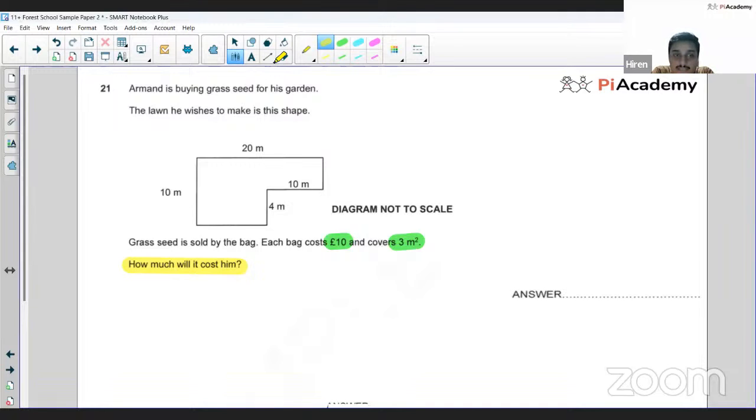Yes, everyone, please answer this question, and the answer must be in pounds. Someone is saying area. Area is not what I am looking for. I'm looking for the cost. Very good, Janaya Sultana. Very good, Fazil. Take your time, everyone. I need the answer to this question.